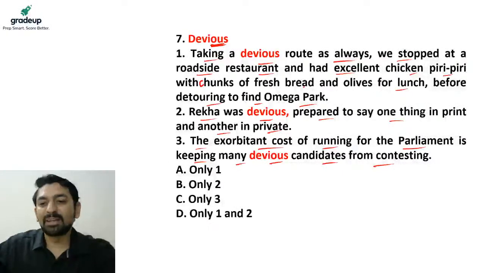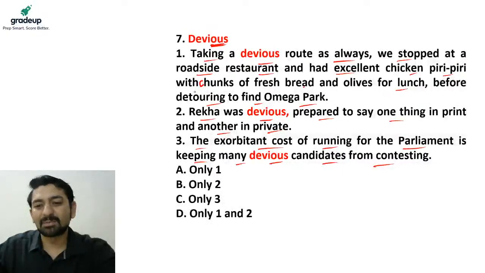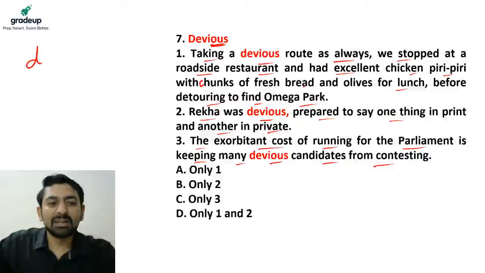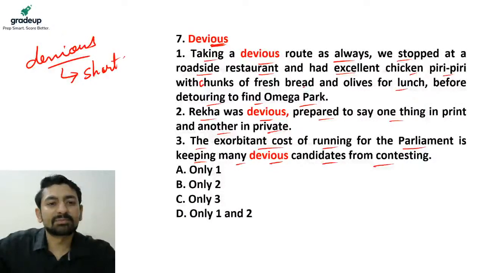Let me tell you the meaning of devious. People are saying D, some are saying A as well. Okay, yes. Let me tell you the meaning of devious. One meaning is shortcut. The second meaning is clever, or to be precise, it should be cunning.